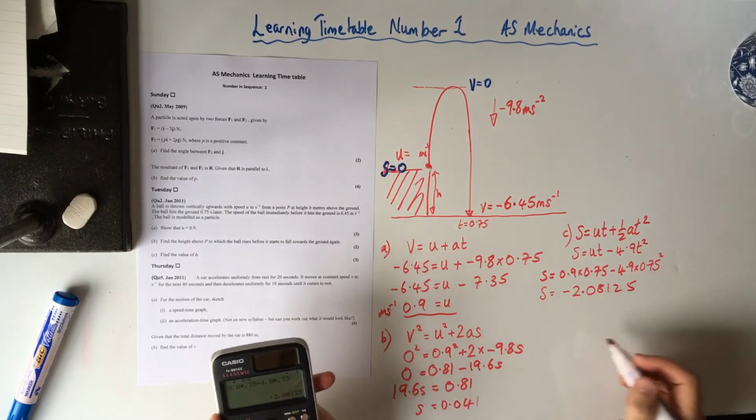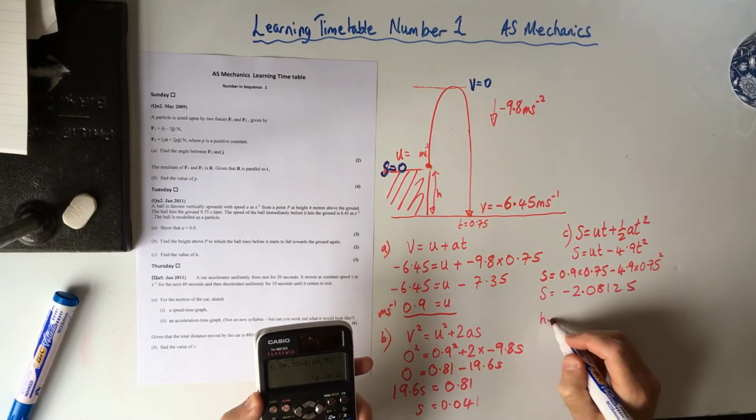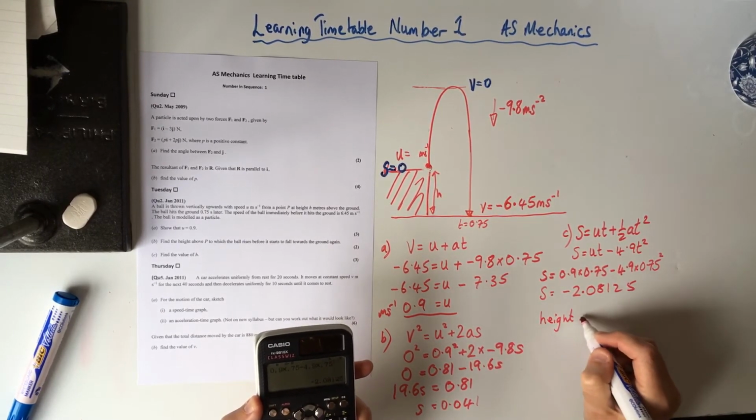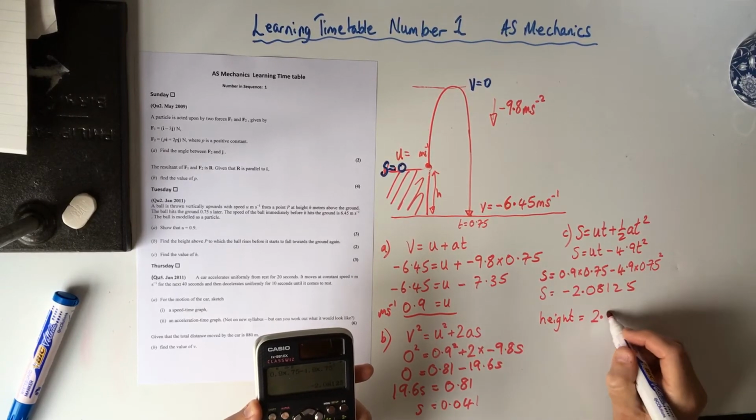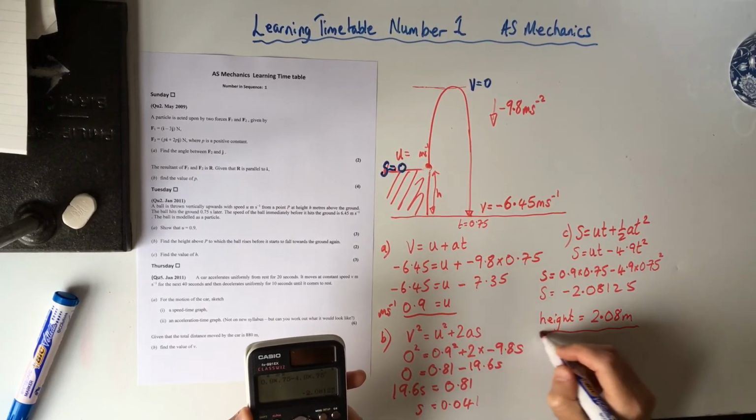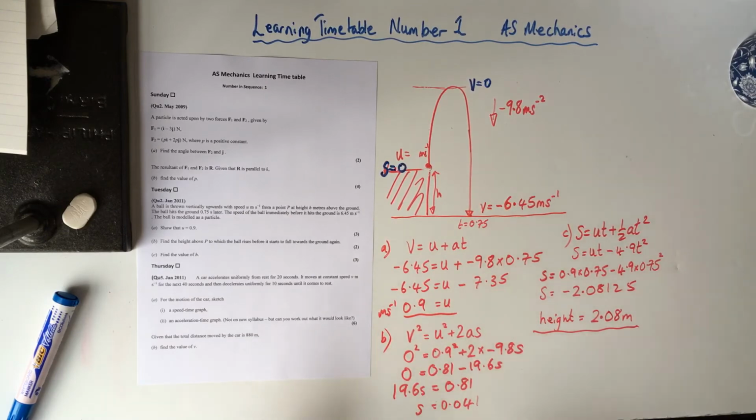Let's round that off. So the height h is equal to 2.08 meters, 2 meters and 8 centimeters. That's the height above the ground that it starts.